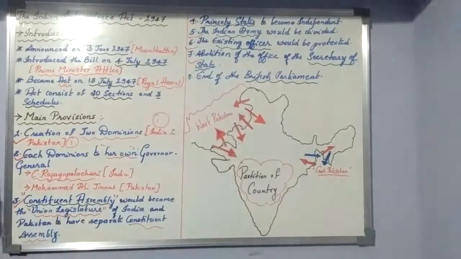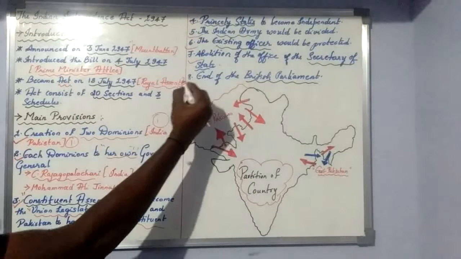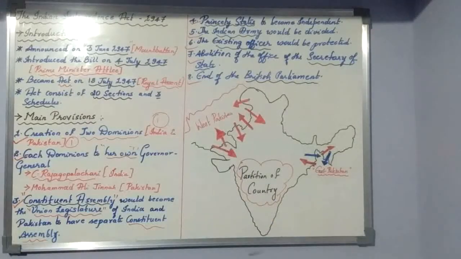The next one we have is the abolition of the office of the Secretary of State. No more will the title or office called Secretary of State exist in India. It has to be abolished completely. And the eighth one is the end of the British Parliament.